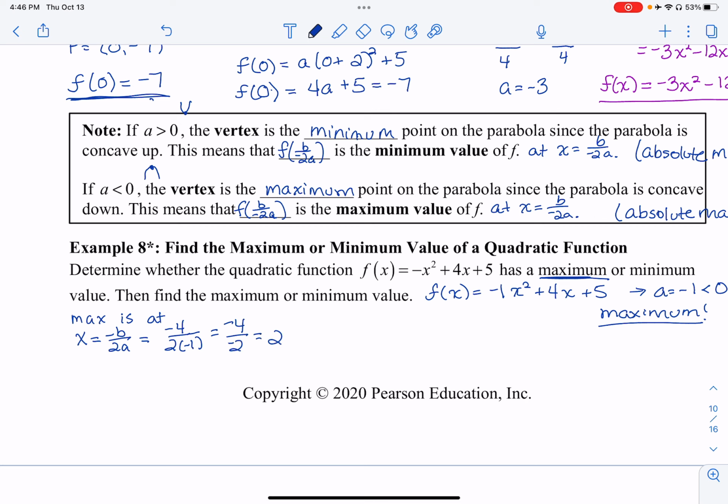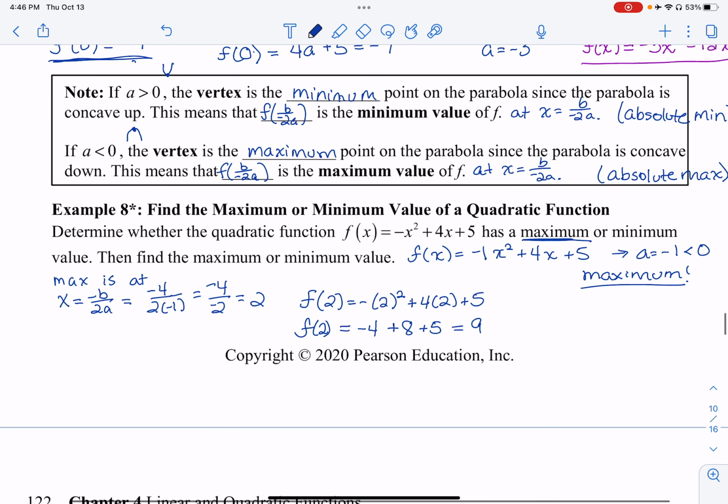So our max happens at x = 2, and the maximum value is f(2) = −2² + 4(2) + 5, which is −4 + 8 + 5, which gives us a maximum value of 9.